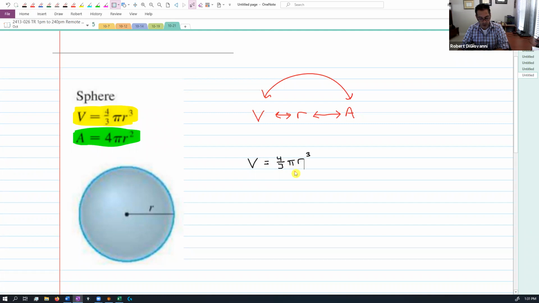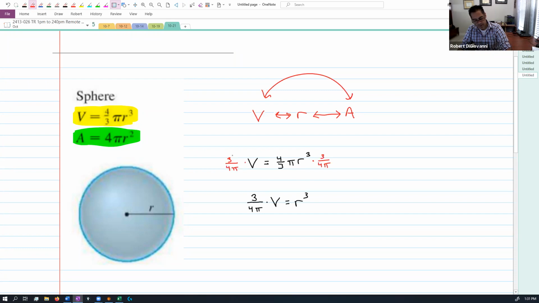If we solve this for R, I have to do a couple of things. Let's see if you're comfortable with this idea. 3/4 pi times V equals R cubed. Essentially, I multiplied both sides by 3/4 pi.